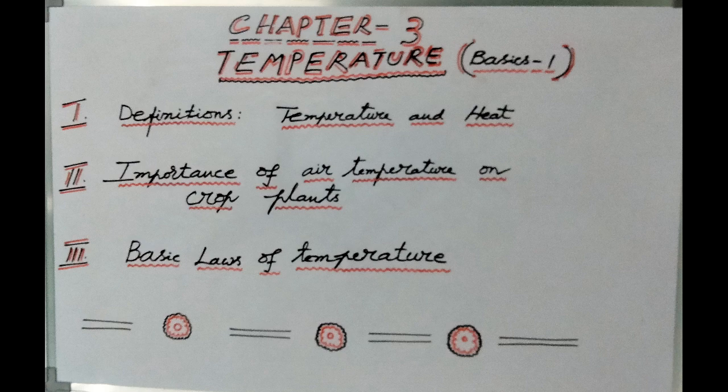Similarly, to understand both air temperature and soil temperature and their effects from a practical point of view, some basic laws are most essential for understanding the influence of both on the crop plants.